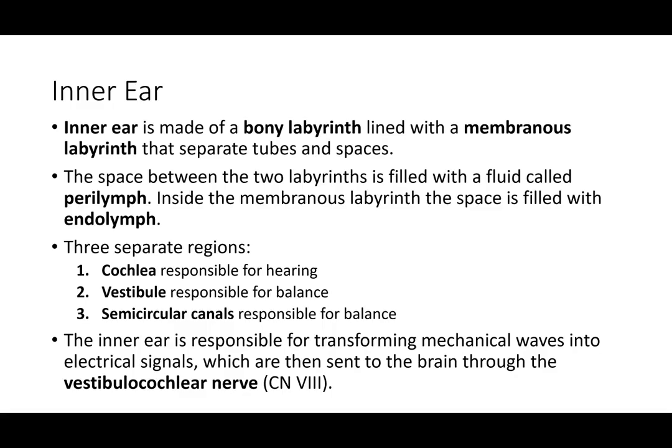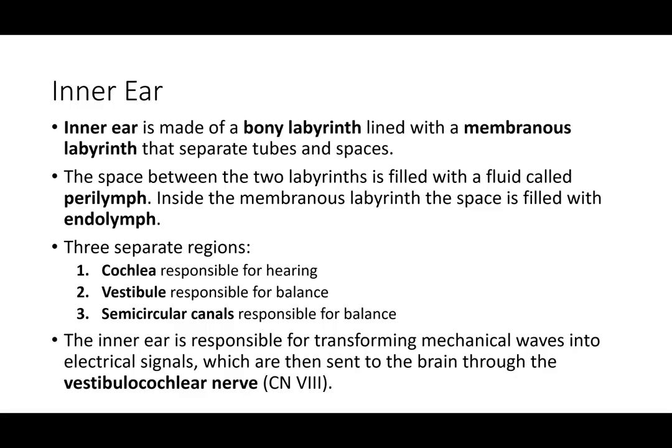Inside of that membranous labyrinth is endolymph, which has a really high level of potassium but very low sodium compared to the perilymph and the rest of the extracellular fluid. Having that difference in potassium and sodium concentration makes it easier to move nerve impulses around.